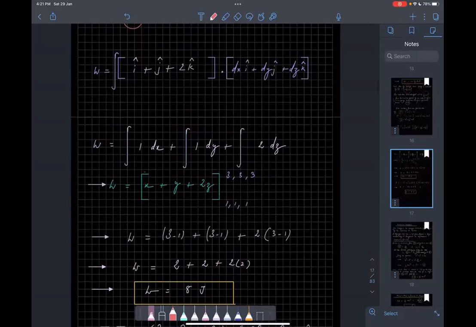So it is actually the dot product of those two vectors directly. But whenever the force is not constant, you have to do the integral. When the force is constant, you can do it without the integral, and with the integral you'll get the same thing. Clear?